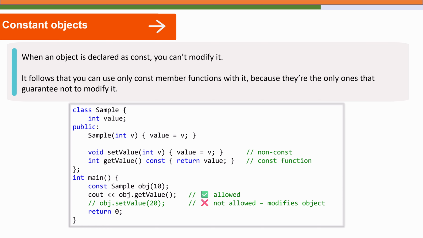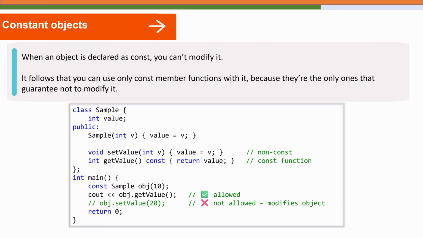Since you cannot modify a constant object, you can only call functions that also guarantee not to modify it. So this is an important rule: you can only call functions that also guarantee this rule and make sure that you do not modify any of the data members. That's exactly what constant member functions do.